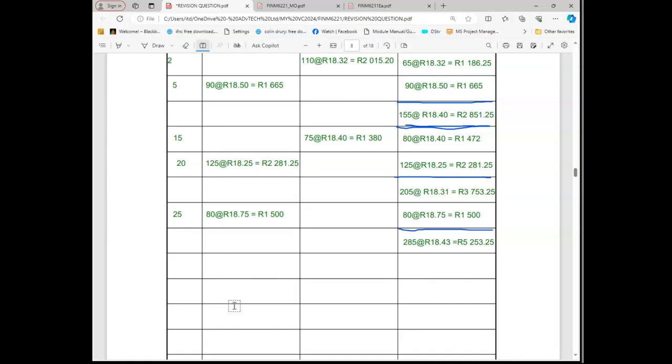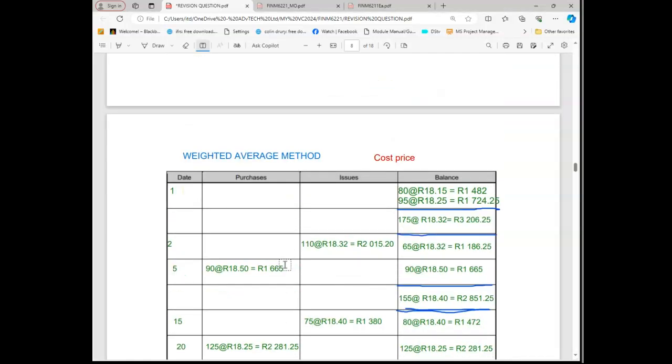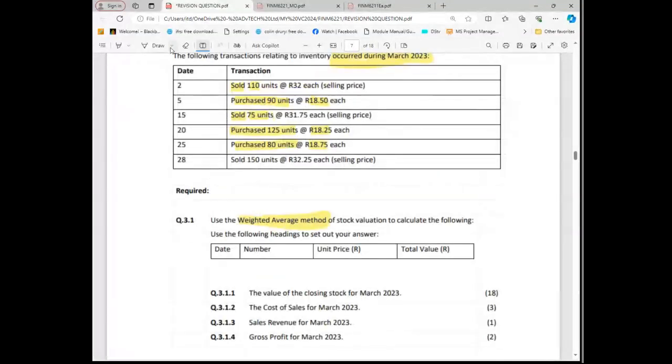Yes, sir. And then we have the last one. On the 28th, we sold units. We're not going to use 18 rand 25. We're going to use 18 rand 43.